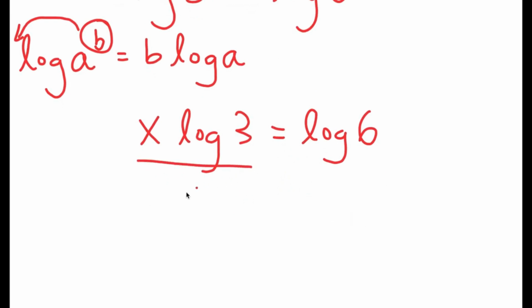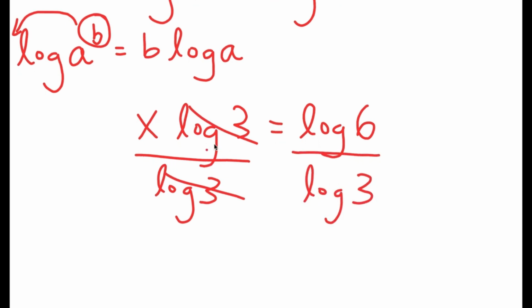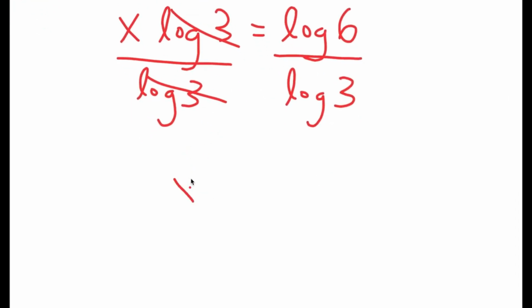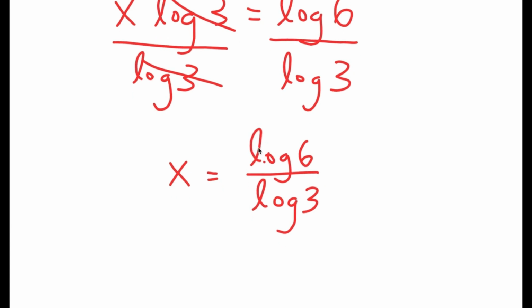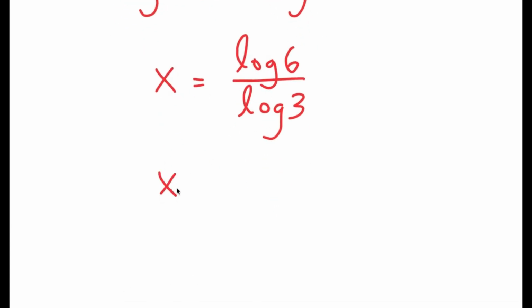Now I'm going to divide both sides by log 3, because again, we want to isolate x. So by doing this, these two cancel out, and I get x is equal to log 6 over log 3. Now, what I'm going to do is rewrite log 6 as log of 3 times 2.